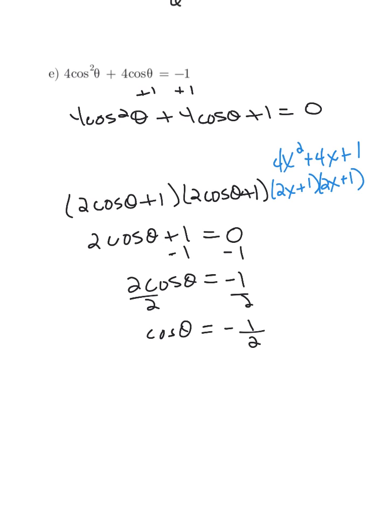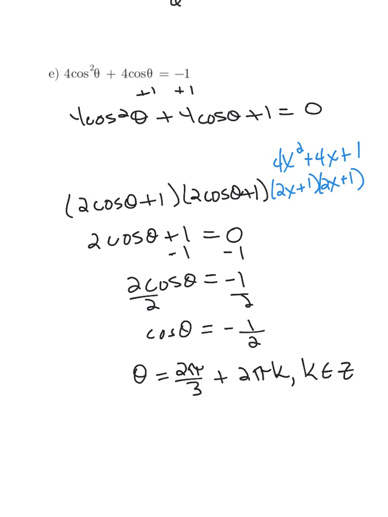Where is cosine negative? That's quadrants 2 and 3. So the theta in quadrant 2, where the cosine is -1/2, is 2 pi over 3. In order to get back to quadrant 2, we have to make a full lap around, so we do plus 2 pi k, with k an element of the integers.